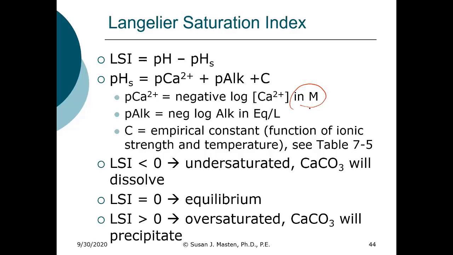Alkalinity, we need in equivalents per liter, and we use the negative log of the alkalinity. And then C is an empirical constant that's a function of ionic strength and temperature. You've got a table in your textbook. I have it in here, Table 7-5, and that table lists these C values for the various species.